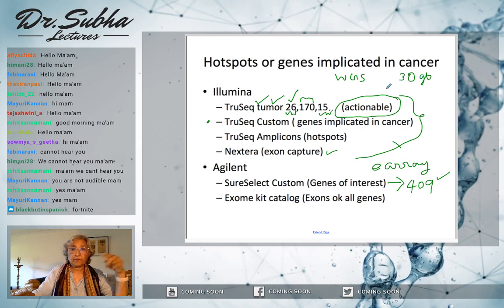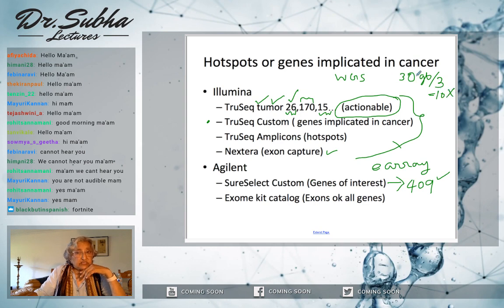Now, if we did the whole genome, what X coverage would this be? The coverage I'd get at each position I'm interrogating. Remember, I'm interrogating 3 billion positions. So this divided by 3, I only have 10x coverage.